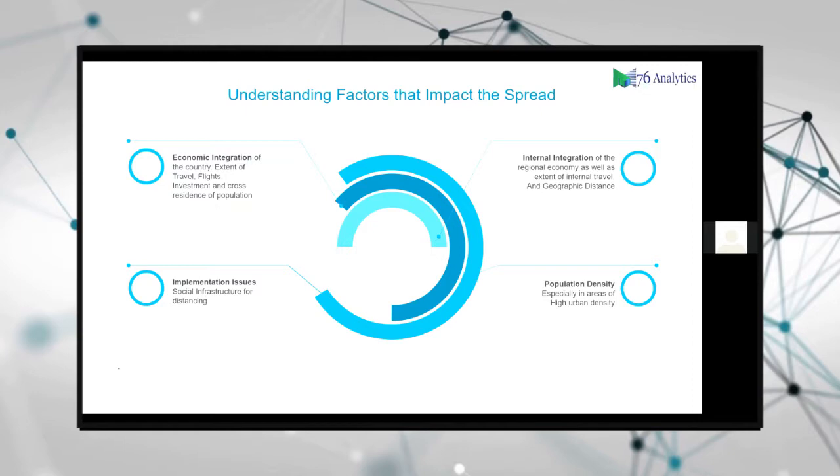And fourth, what is the social infrastructure available to implement social distancing? Is the urban structure, or the societal structure there, capable of handling social distancing? So on these 4 factors, we tried to get some initial sense of an estimate.